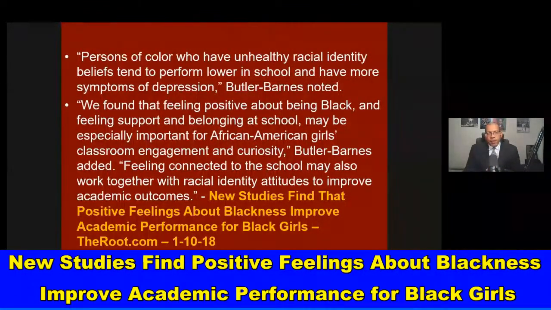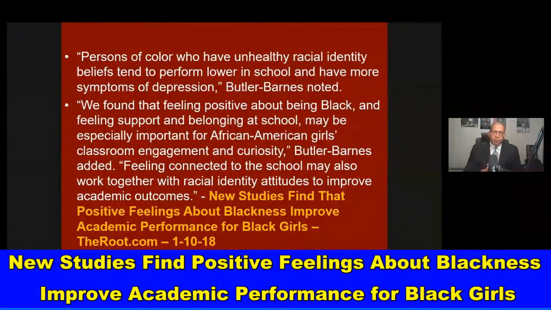She went on to say, "We found that feeling positive about being Black and feeling support and belonging at school may be especially important for African-American girls, classroom engagement and curiosity. Feeling connected to the school may also work together with racial identity attitudes to improve academic outcomes."